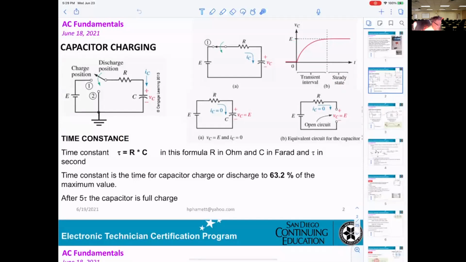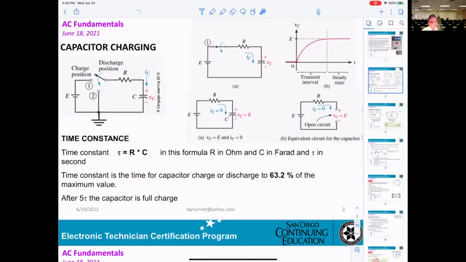Time constant: tau equals R times C. Every time you're working with a capacitor, you have to know what the time constant means. The time constant is the time for the capacitor to charge or discharge to 63.2% of the maximum value.